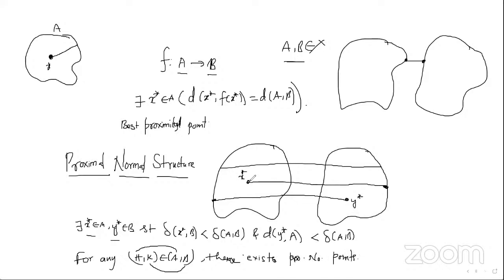That means there exists x star in K such that the diameter of x star to K is strictly less than the proximal diameter of HK, and there exists y star in K such that the diameter from y star to H is strictly less than the proximal diameter of HK.